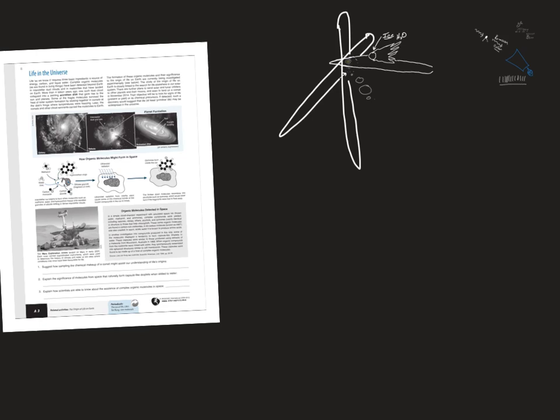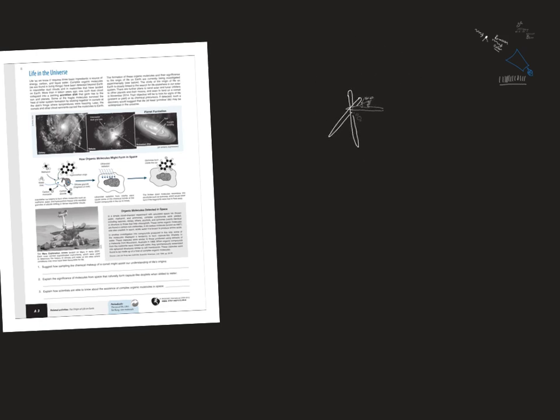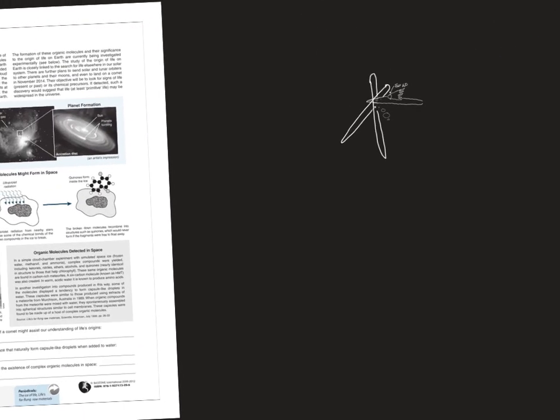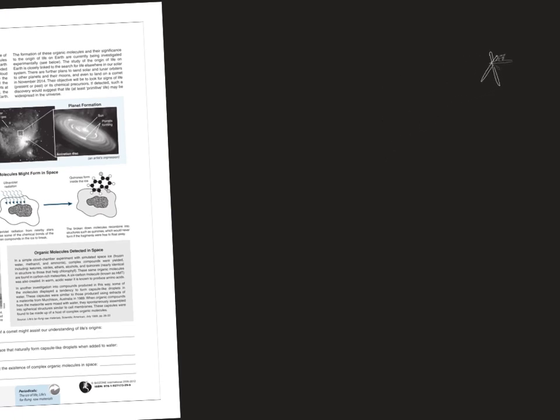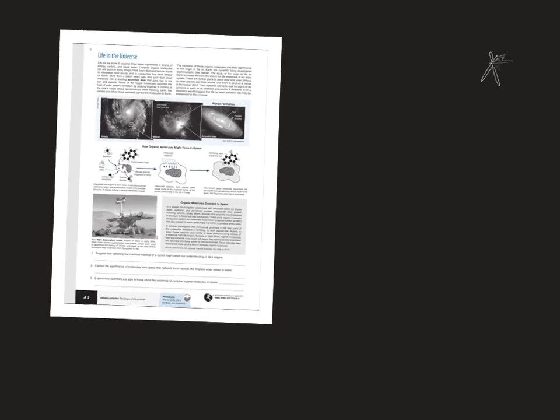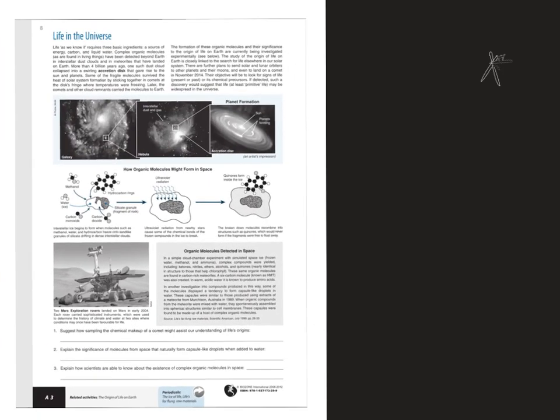Of course, our solar system is just one of many solar systems in our galaxy, the Milky Way. And our galaxy is only one of many galaxies. So when we start to think about what space is, the point is there's a lot of stuff out there.